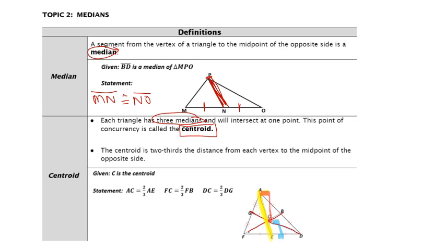What that means is if we know that the entire segment for a median was, let's say, 9, A to C would be 6, and C to E would be 3. So it's a 1/3, 2/3 relationship, or a 2-to-1 relationship with the smaller segments.